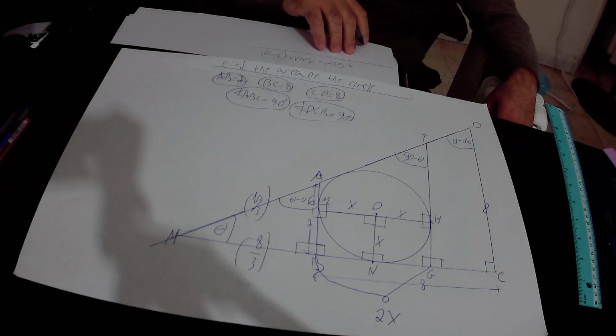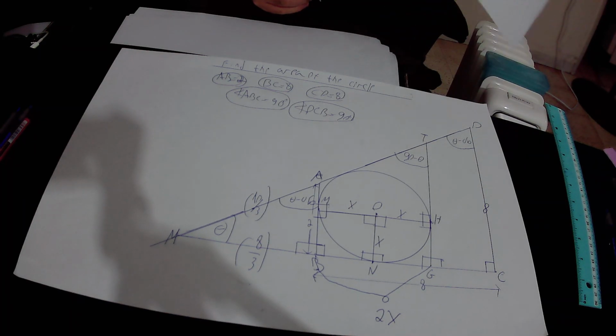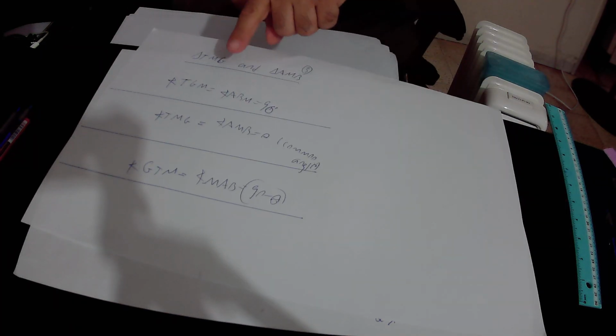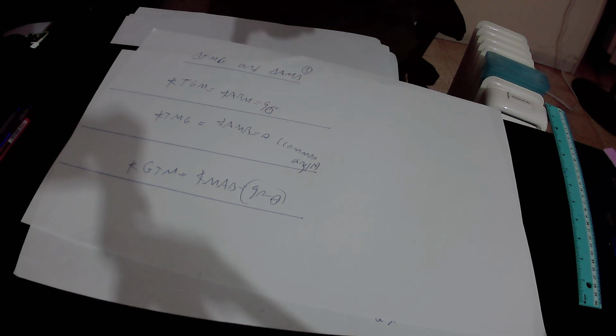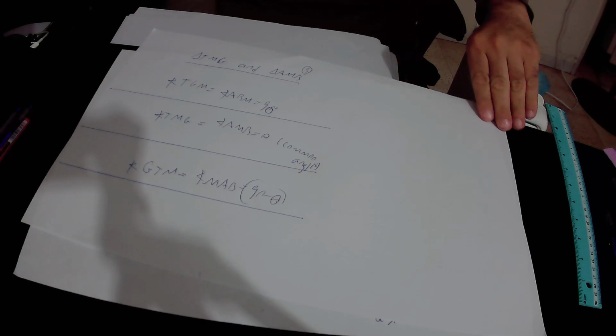Repeat again. Angle GTM in the big triangle equals angle MAB in the small triangle. They are both equal to 90 degrees minus theta, therefore they are equal to each other.